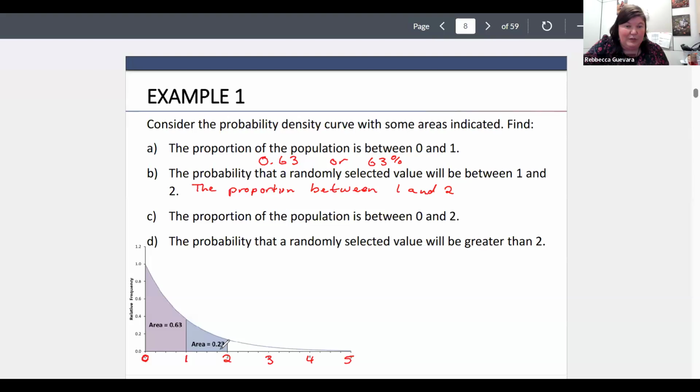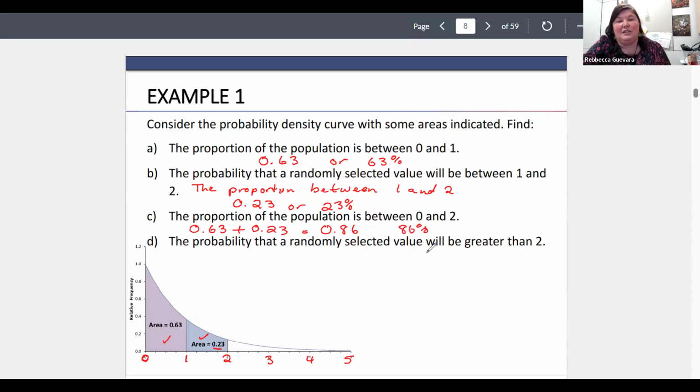And as we see here, between 1 and 2, that area is 0.23 or 23%. If I want the proportion of the population between 0 and 2, that's just 0.63 plus 0.23. We add those together to get the area from 0 to 2. So we get 0.86 or 86%.